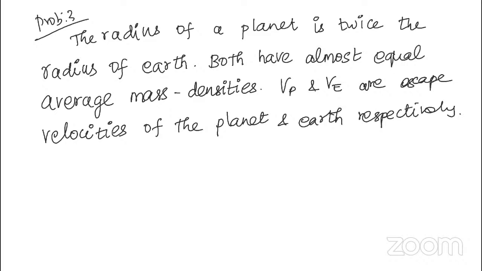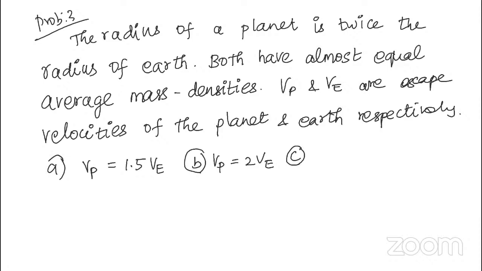Then they are given the options: A is VP is equal to 1.5 into VE, option B is VP is equal to 2 into VE, C is VE is equal to 3 into VP, and D is VE is equal to 1.5 into VP. So these are all the options they are given.